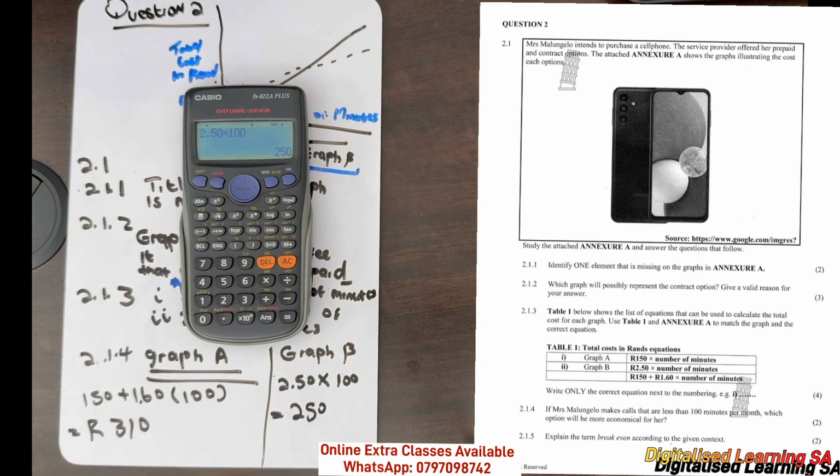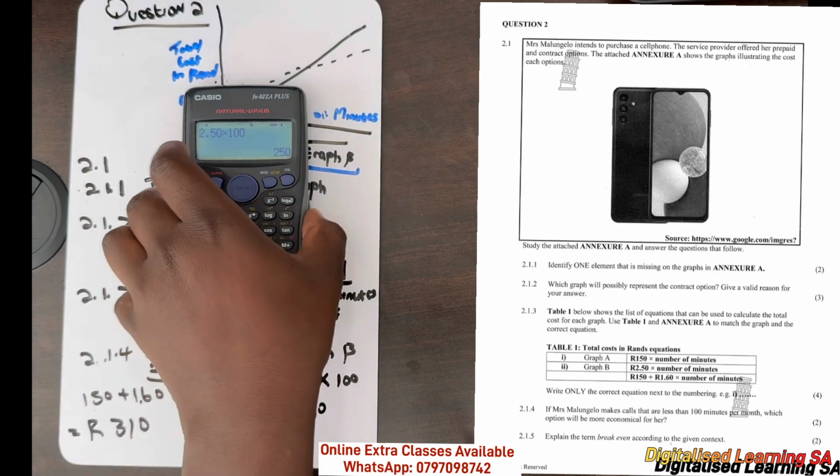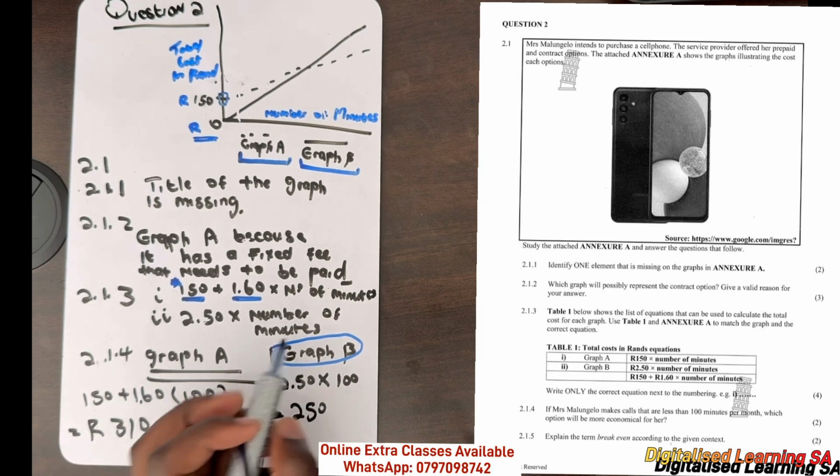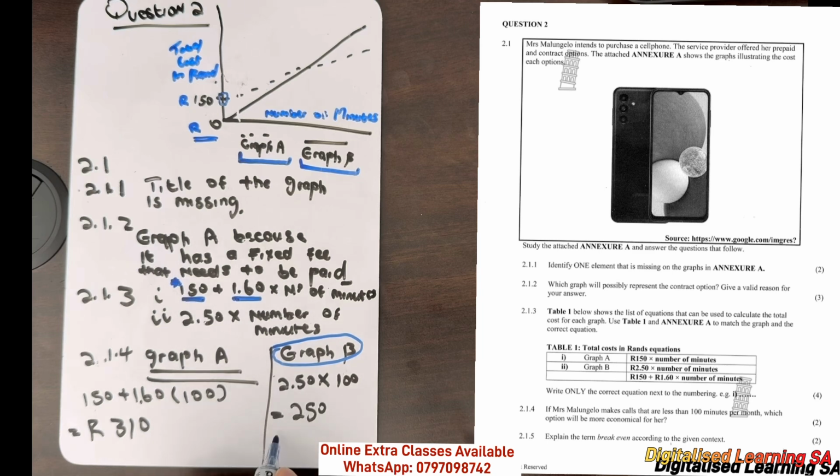So this is clear that between the two options, the one that will be economical or cheaper will be graph B, or option B.